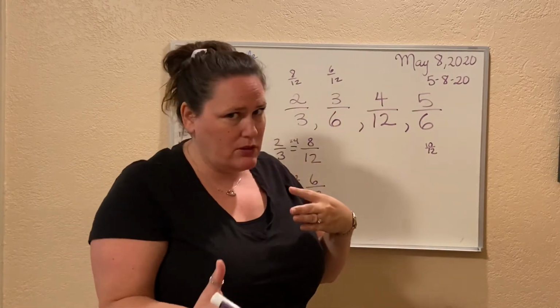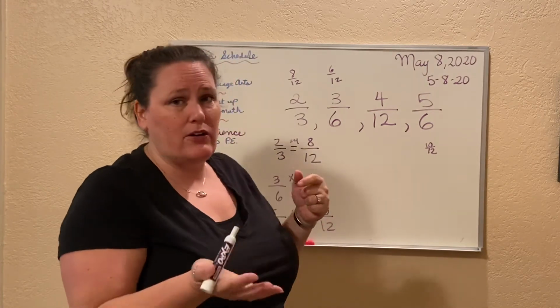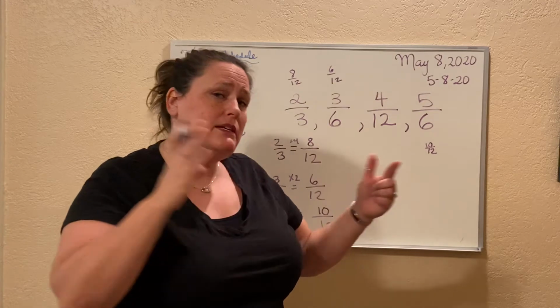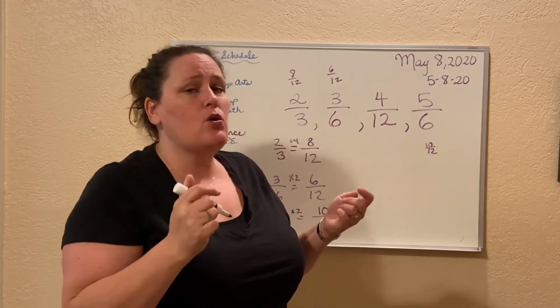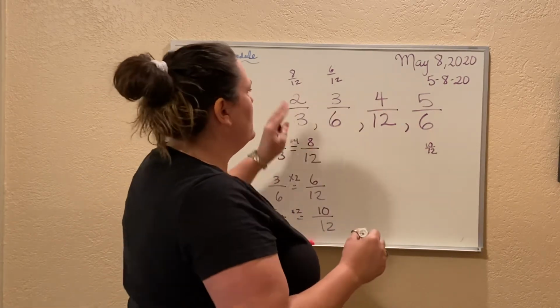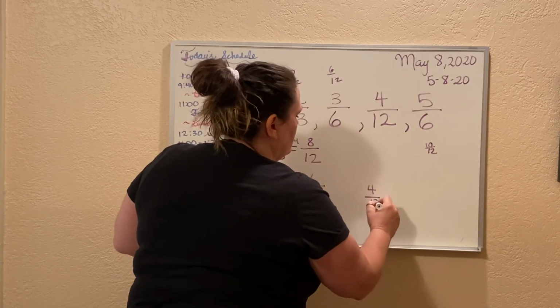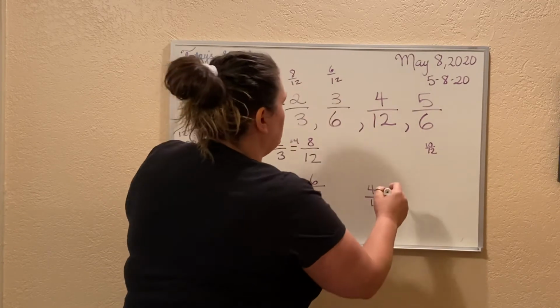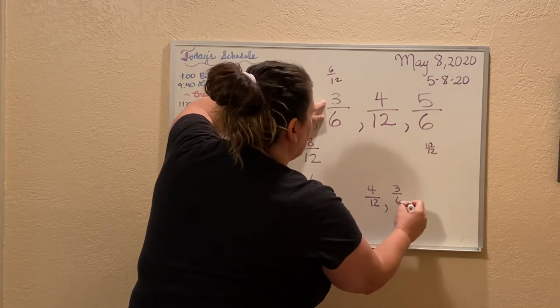I'm going much faster with you than I would with them, but I just want you to see how they are supposed to be doing it when they're placing them in order of least to greatest or greatest to least, or if they're trying to find a common multiple. So in this one, we see 4/12 would be the lowest, then 6/12, which is 3/6.